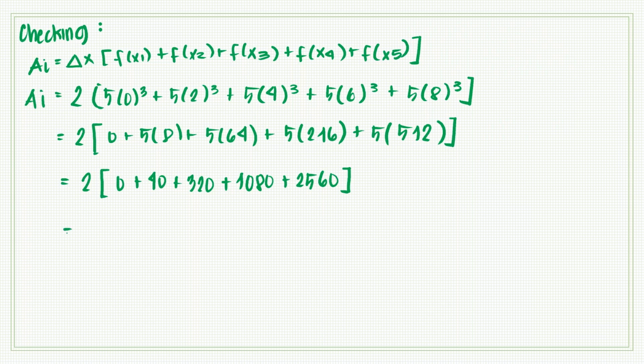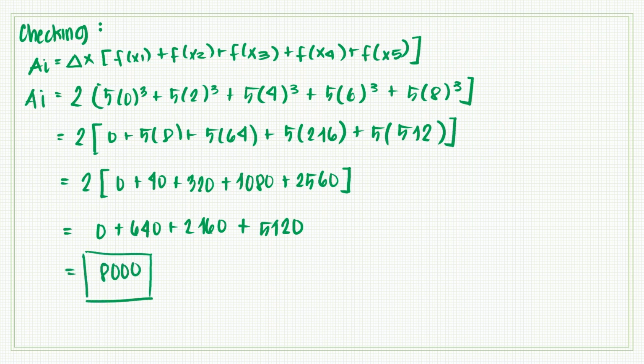We are going to add all the f values, which is 40 plus 320 plus 1080 plus 2560, which is going to be 4000. And we're going to multiply it to 2, which is going to be 8000.